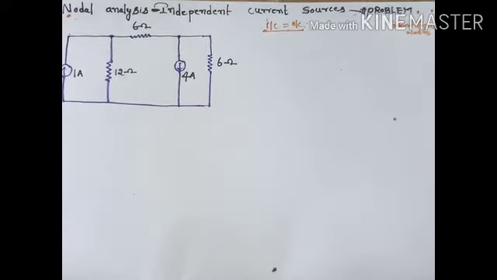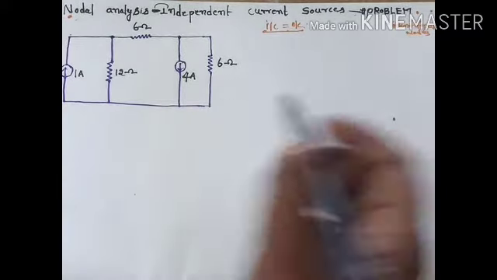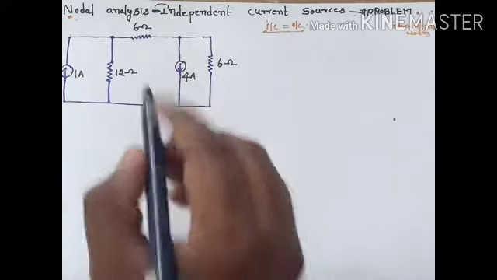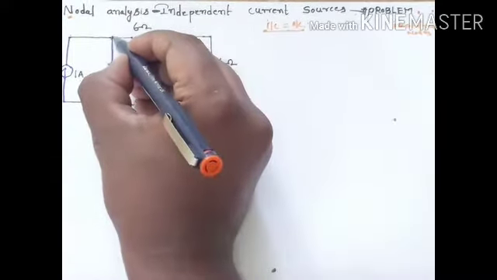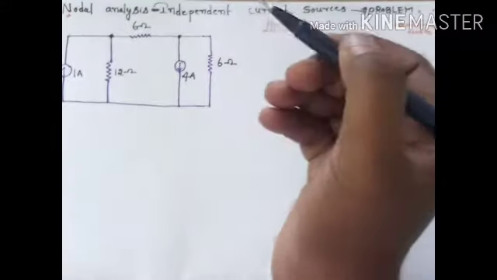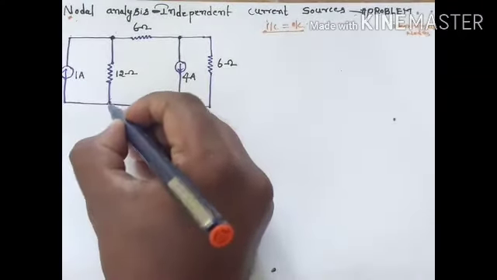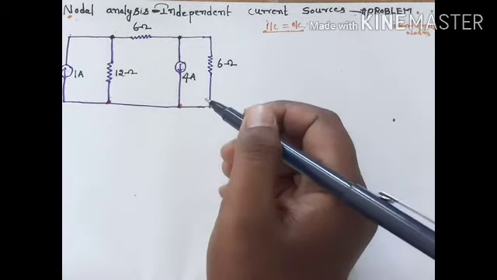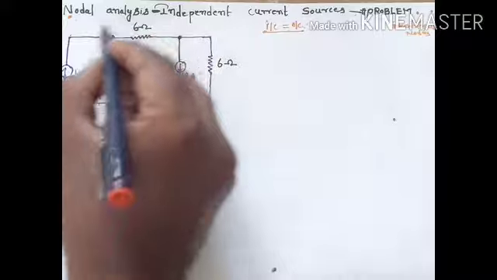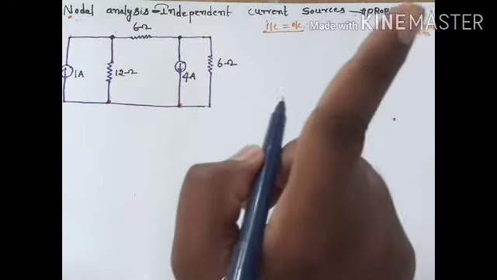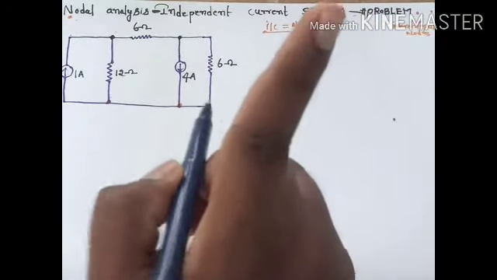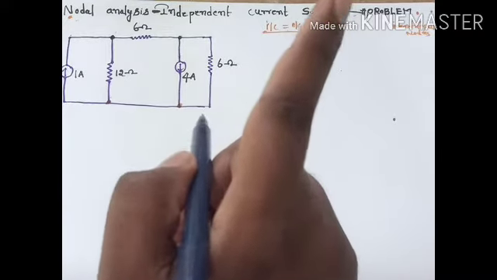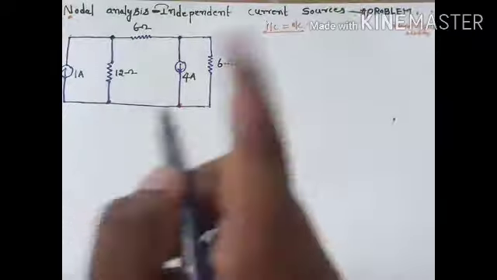After that, we have to choose one of them. This is one node, this is one node, and this is also a node, and this is also a node. So from these four nodes we have to choose one as a reference node. Reference node means it has zero potential, 0 volt potential.